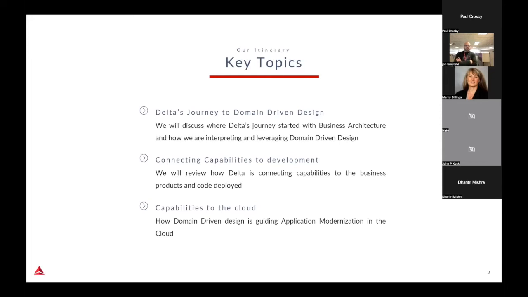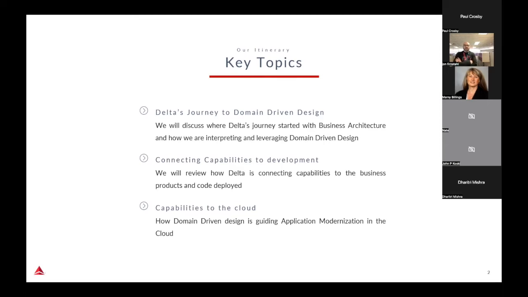There was a lot of work that went into that and structuring certain business architecture principles and pieces along the way. And I want to paint that picture for you because if you're just starting your business architecture practice or just starting to introduce those types of principles, you'll start to see where that fell as far as Delta's journey, and then how best to use it.